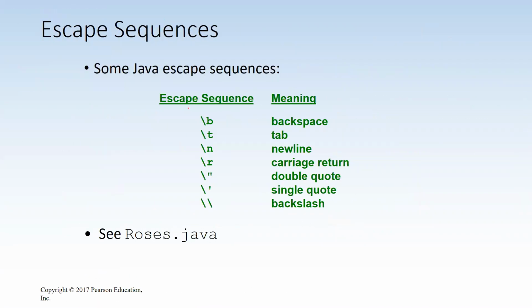And these are the escape sequence characters. This is backspace, tab, new line character, carriage return, it goes to the same line. Yeah, it goes to the same line. This one will escape the double quotes, single quotes, and backslash itself.